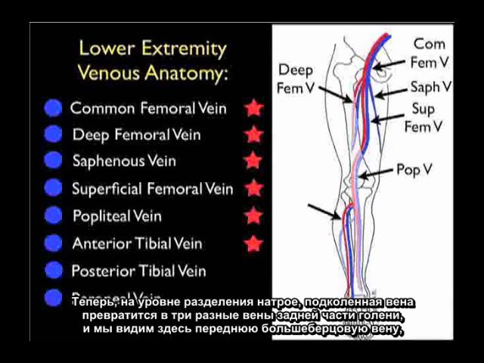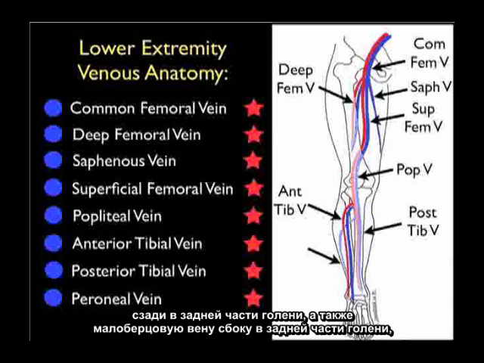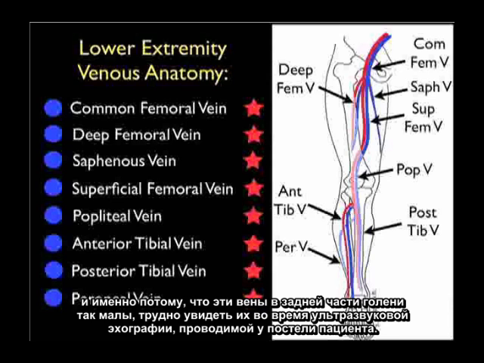Now at the level of trifurcation, the popliteal vein will become 3 different calf veins, and we note here the anterior tibial vein that's going to course anteriorly onto the calf, the posterior tibial vein seen posteriorly in the calf, and also the peroneal vein seen to the lateral aspect of the calf. And it's because these calf veins are so small that it's difficult to see them on bedside ultrasonography.